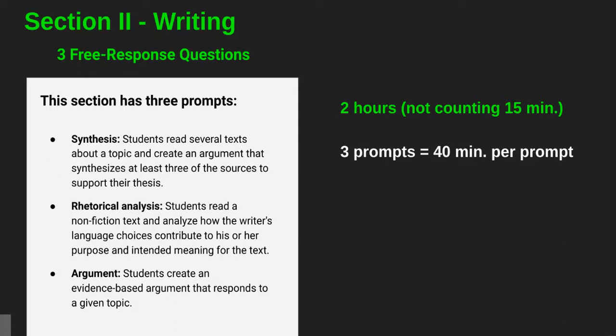You've got your synthesis essay prompt, and that's the prompt where they give you texts about a topic, and you're supposed to synthesize at least 3, and that's a very important number, of those sources to support your thesis. Remember that if you don't use 3, if you use 2 or 1, you can only achieve a particular score. You can't get higher than a 4 on that essay. So you have to use at least 3 of the sources.